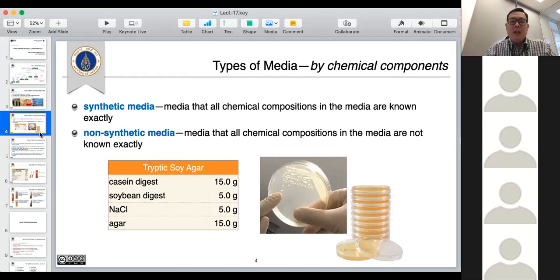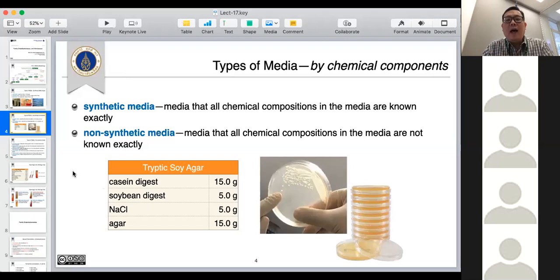But a medium like tryptic soy agar is non-synthetic, because even if you know the sodium chloride is 5 grams, there is also some sodium chloride in the casein digest or soybean. So you don't know the right amount of sodium or chloride ion, and you have no idea how many chemicals are contained in the casein and soybean digest.